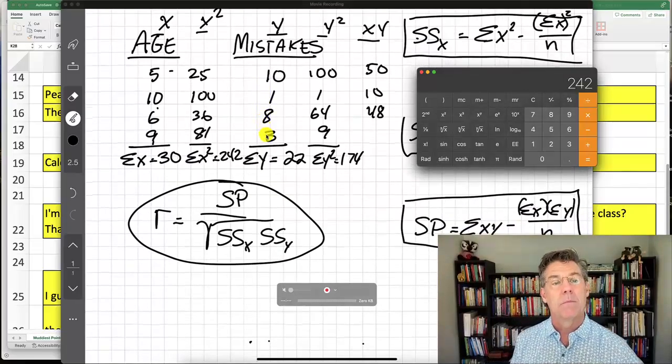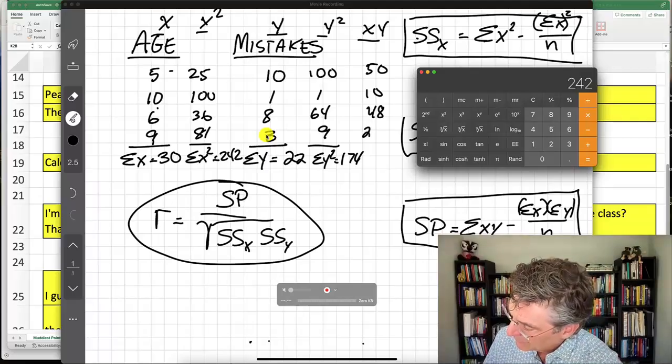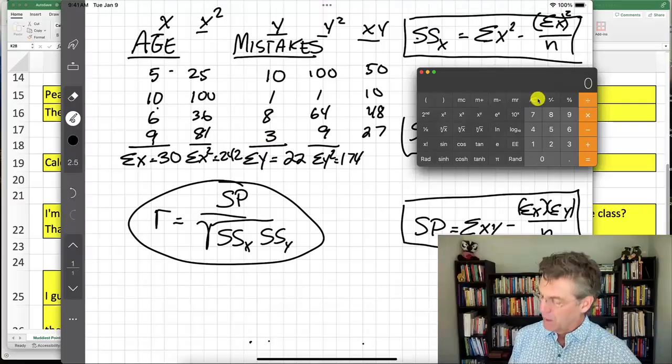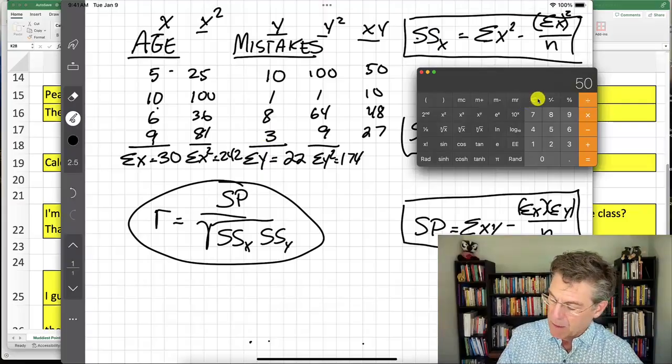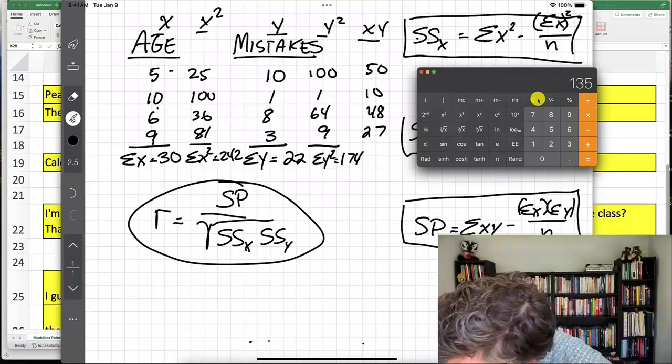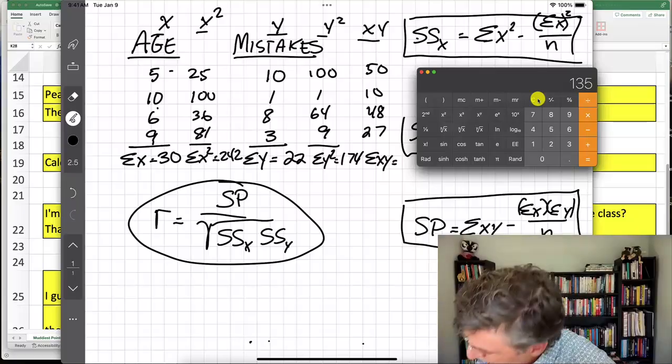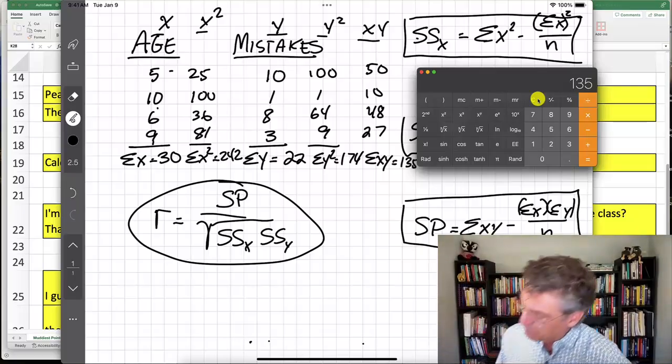And 9 times 3 is 27. So now if I add those up, we've got 50 plus 10 plus 48 plus 27 equals 135. And that is technically a sum of x, y, and it was 135. Okay.